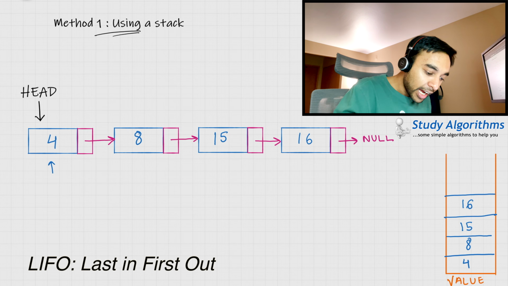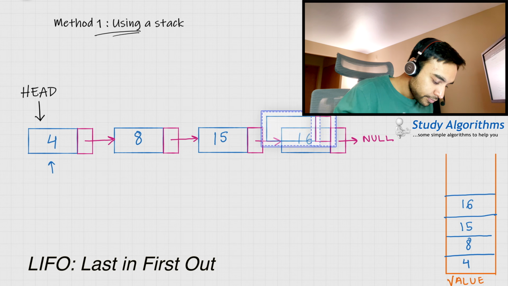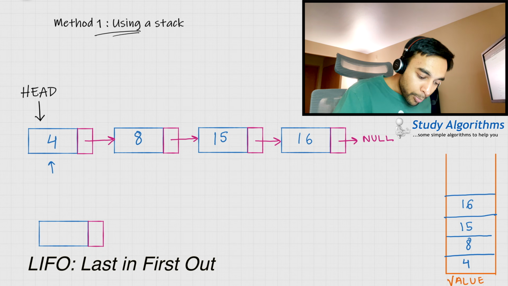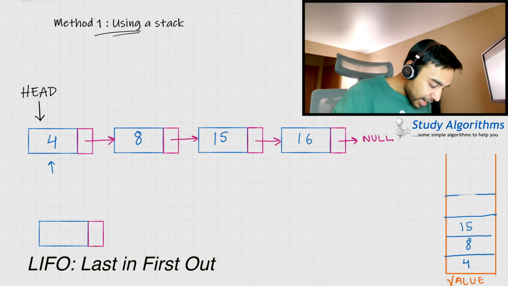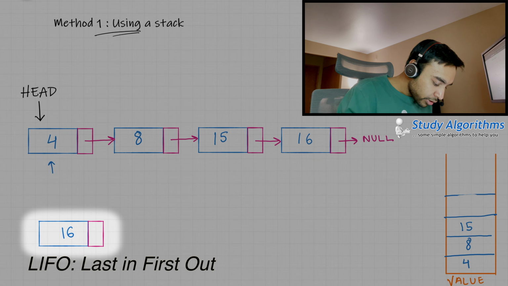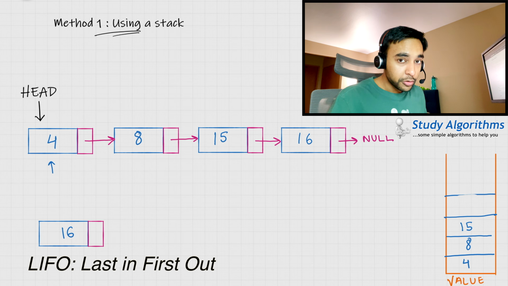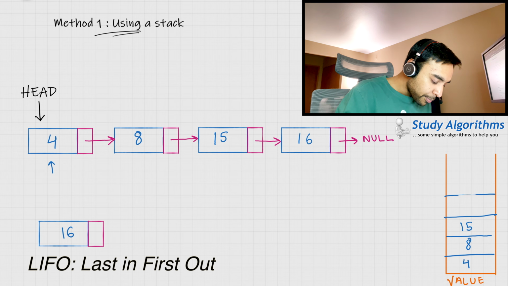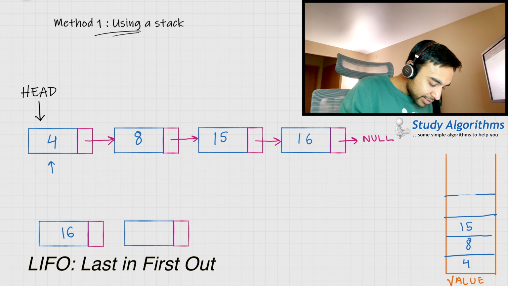What I do is I create a new node. I pop an element from my stack and I write down the value in my new node. So you see, I got my first value. I will repeat the process again. I will take up a new node, assign the pointer, and then pop a value from the stack.